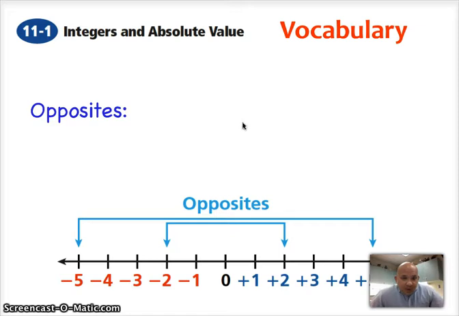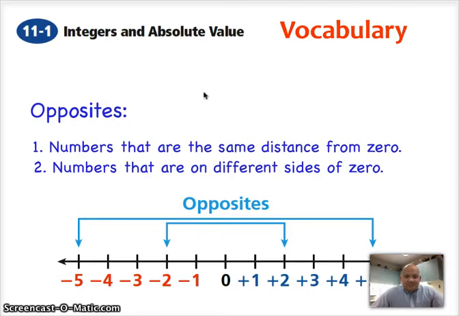Next term are opposites. Now we're looking at a number line, and we'll be able to understand negative relative to positive numbers. Part of that relationship is opposites. First of all, opposites are numbers that are the same distance from 0.